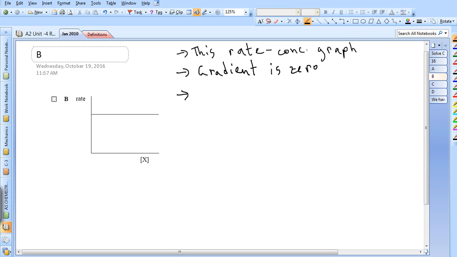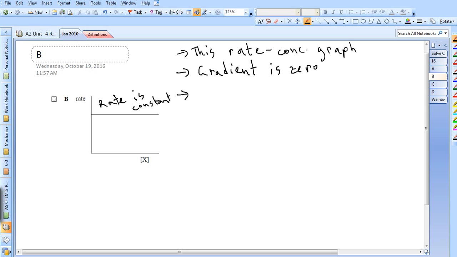If you can see that the rate is constant, since this is horizontal, the rate is constant throughout the time. As the concentration changes, the rate doesn't change, the rate is constant here.